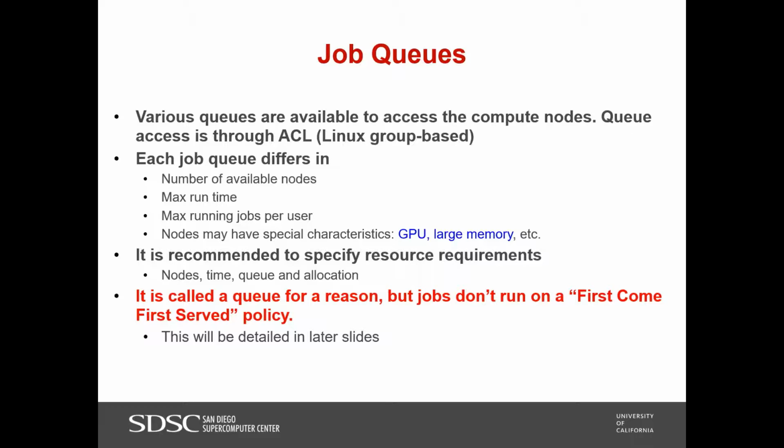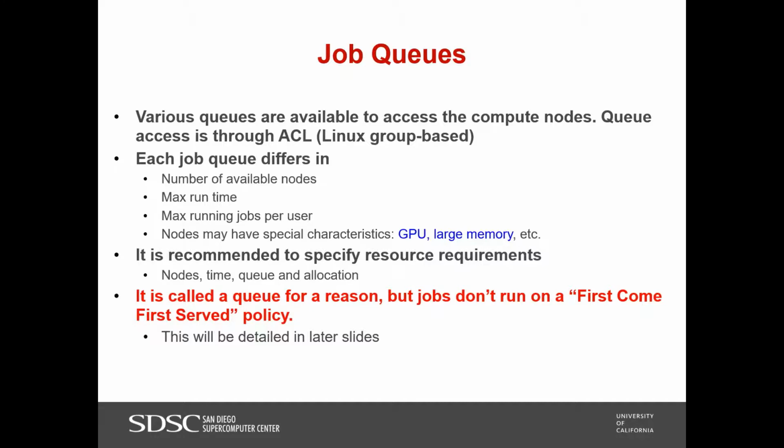But please note, I highlighted in the last part of the slides, it's called a queue for a reason, but jobs don't run on a first come, first served policy. That means if you submit a job first, maybe or maybe not, your job will start first.